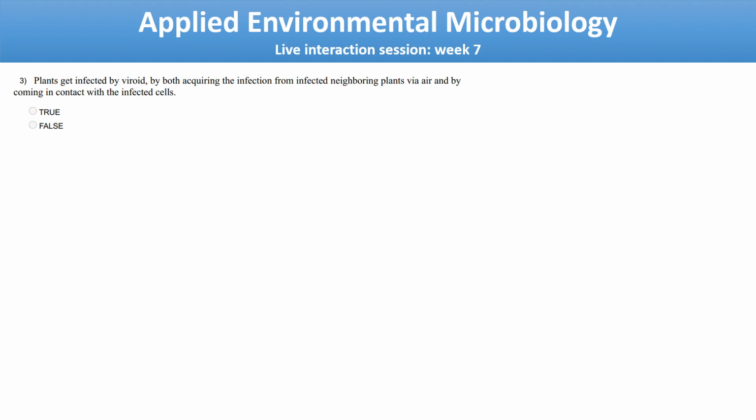Now coming to the next question. Plants get infected by viroid both by acquiring the infection from infected neighboring plants by air and by coming in contact with the infected cells. Now you have to tell me if this statement is true or false.